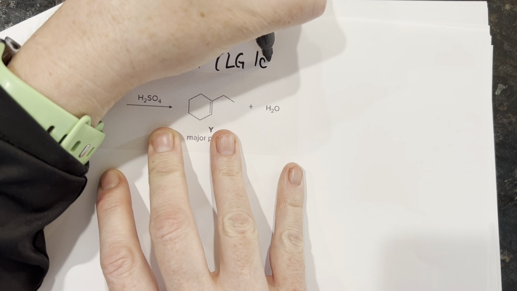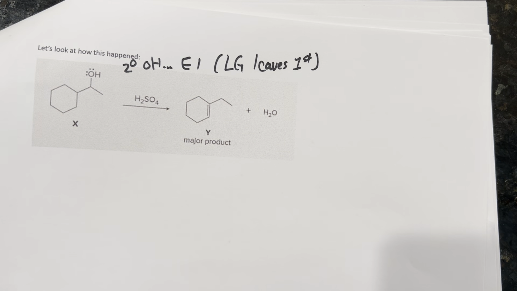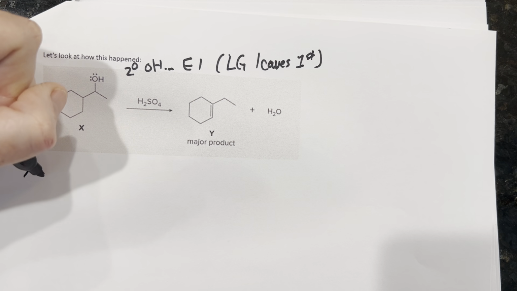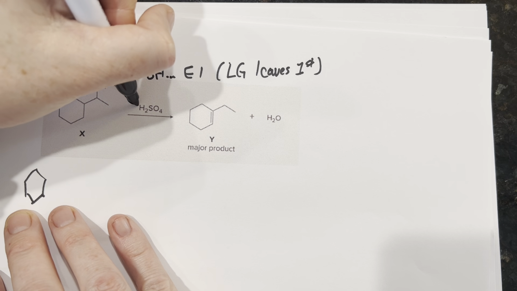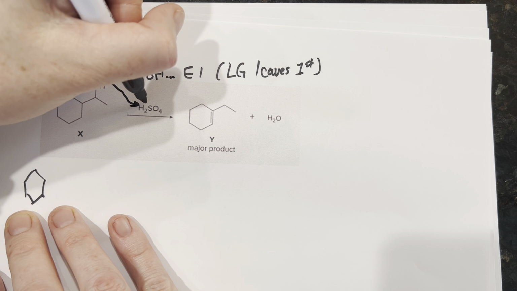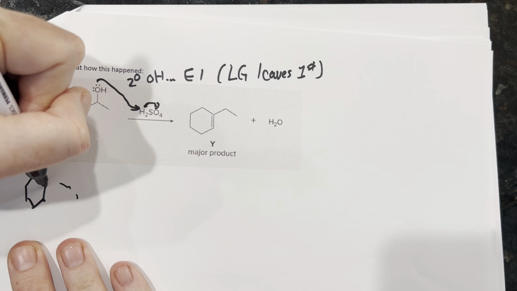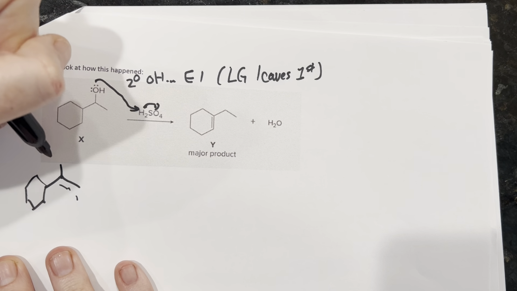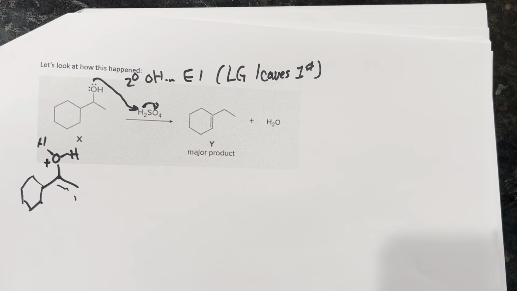LG leaves first. All right, so we take this right away. This is gonna grab one of those H's, and then the H electrons are gonna go here. So we're gonna start off with O, with a hydrogen, with another hydrogen. It's got a positive charge on it.